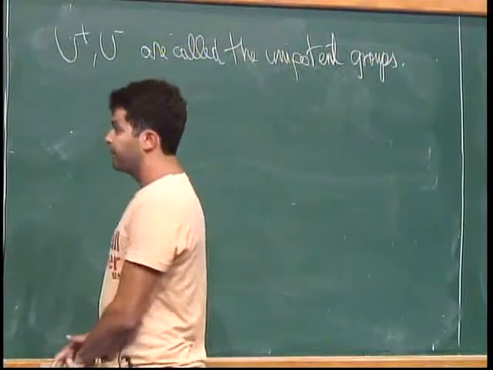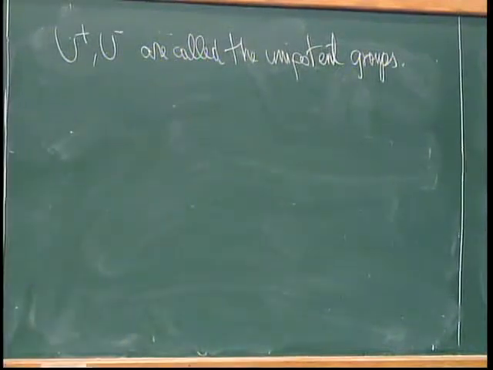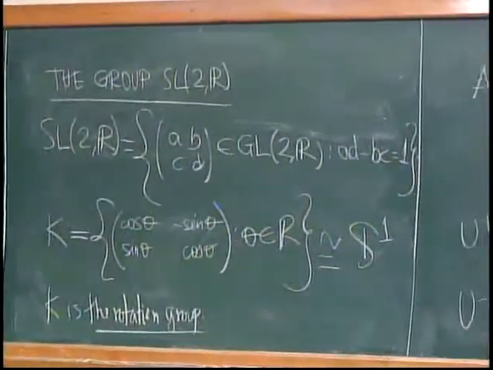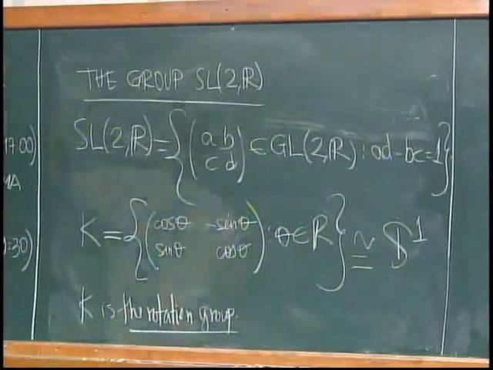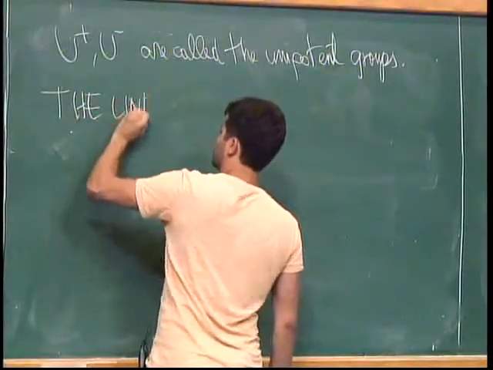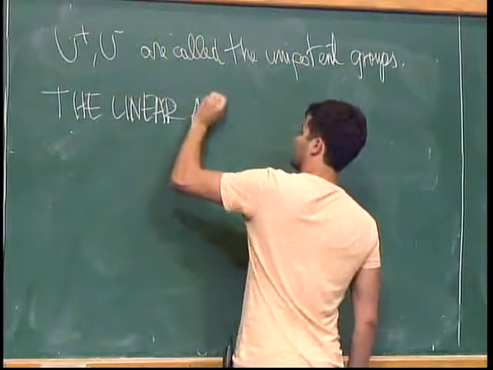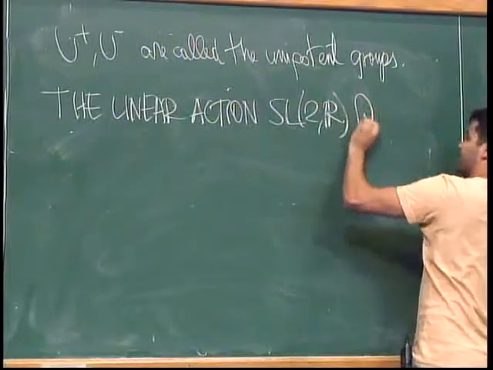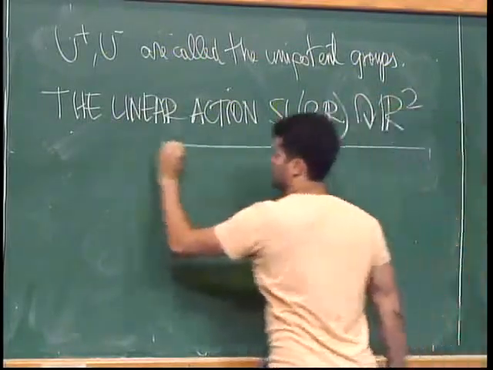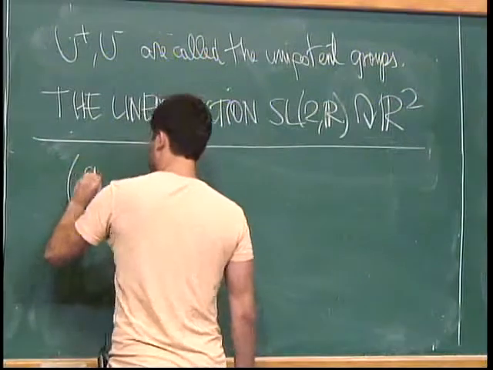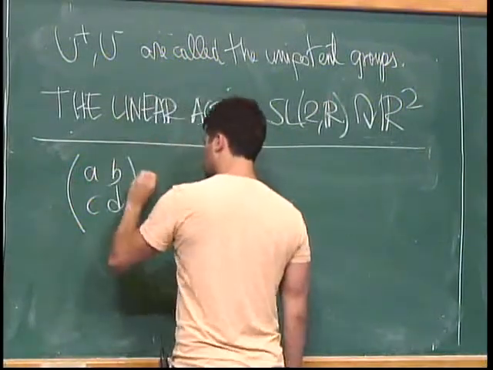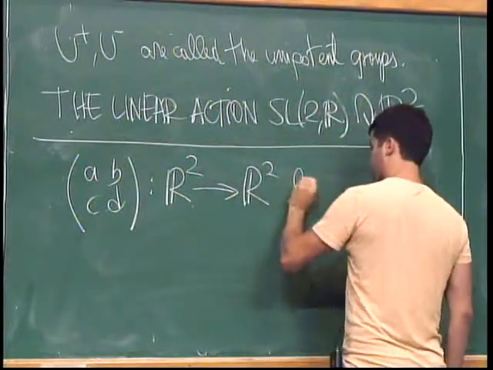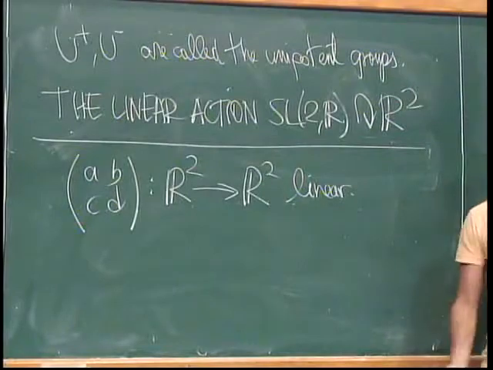So SL2R is a subgroup of 2 by 2 matrices. So naturally it acts on R2 by linear transformations. This is what I call the linear action of SL2R in R2, which is to say that each guy here defines a linear map in R2, right?